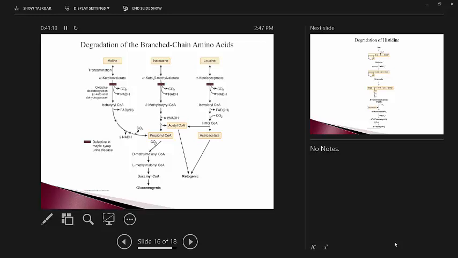A deficiency of this enzyme is called maple syrup urine disease. It's picked up by neonatal nurses. Effectively it inhibits this enzyme, and then these go off to making chemicals, enzymatically and non-enzymatically, which smell like maple syrup or burnt sugar.